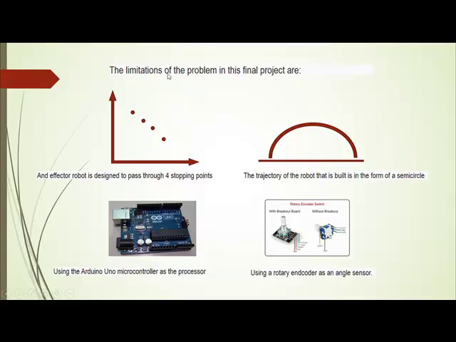The limitations of the problem in this final project are four. First, the end effector of the robot passes through stopping points. Second, the trajectory of the robot that is built is in the form of a semicircle.